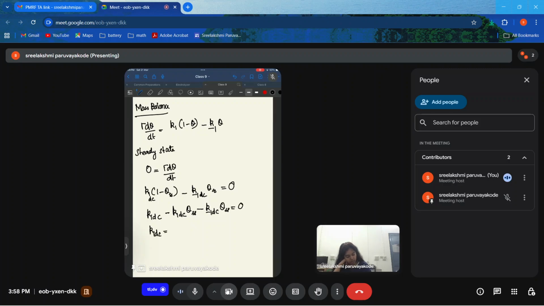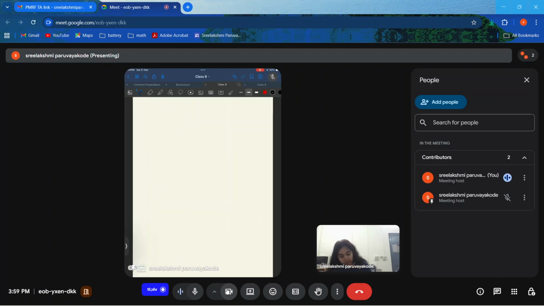K1 dc equals (K1 dc plus K minus 1 dc) theta SS. Theta SS equals K1 dc by (K1 dc plus K minus 1 dc). So this is the steady state mass balance equation and the steady state theta coverage for the adsorbed intermediate MHO plus. Now we have to write out what the current density is.